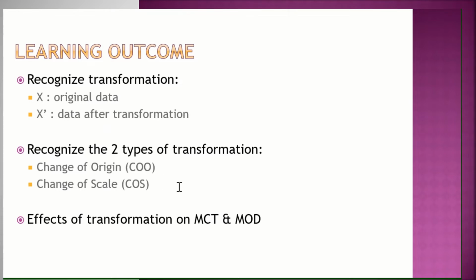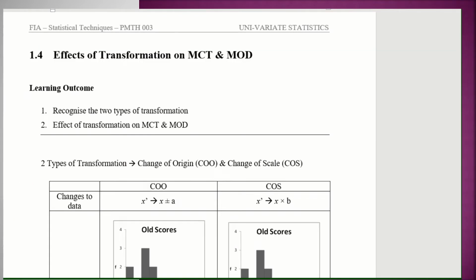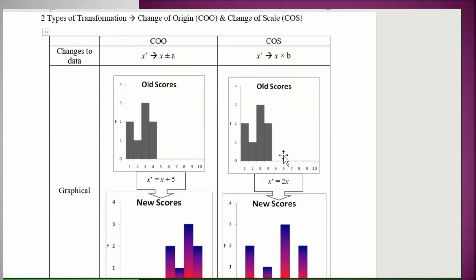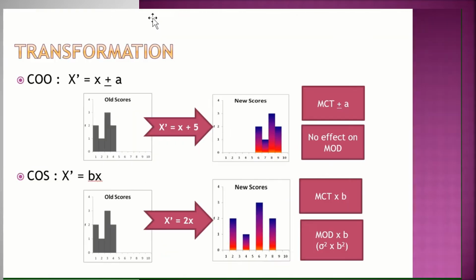And we're going to learn the two types of transformation: change of origin, COO, change of scale, COS, and the effects of the transformation. So if we look at this histogram in your manual, it is here. Okay, what's happening here? So let's look at the first one. The first transformation, which we call COO, change of origin.